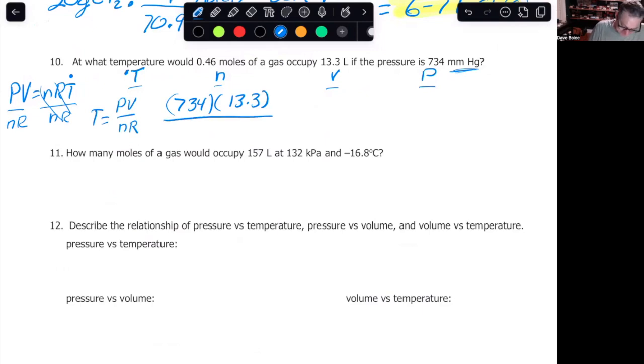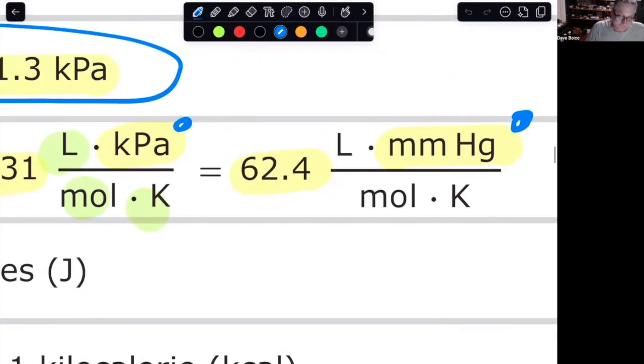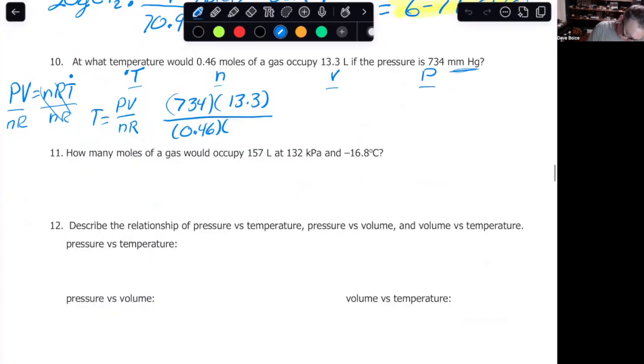N is the number of moles. Sometimes you get it in grams and you'll have to change it, but this isn't in grams, it's already in moles. So how cool is that? So 0.46 times R. And remember, once again, my R is 62.4 if I'm dealing with mmHg, which I am. So 62.4.